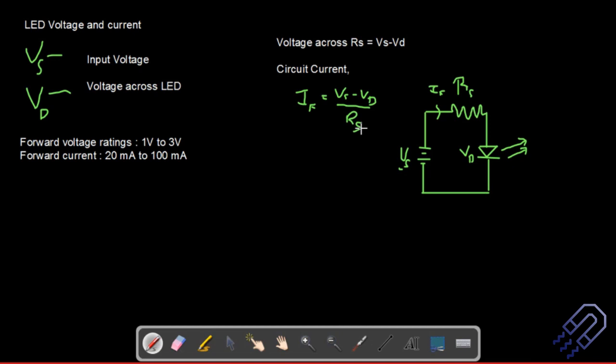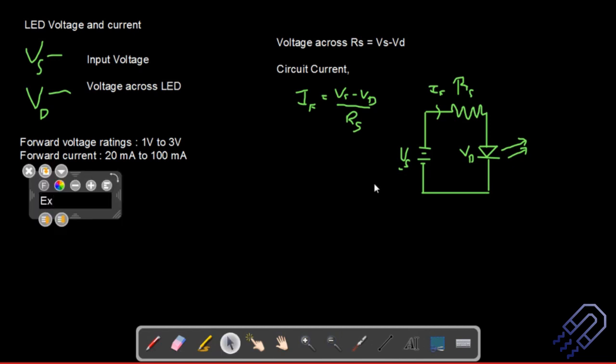So let's take up a question. What kind of question might be there for this normal LED? I'll give an example here, and then all of you can do the calculations. It's very simple.